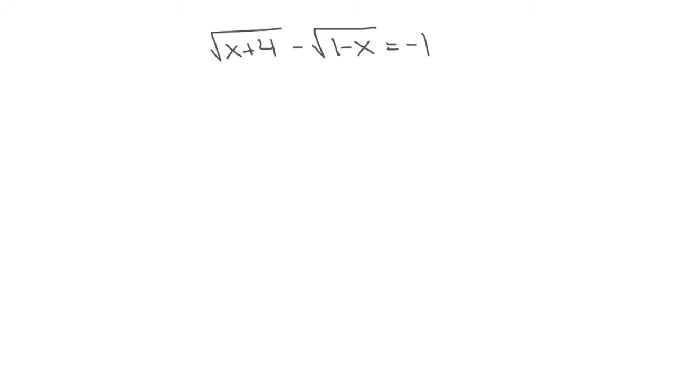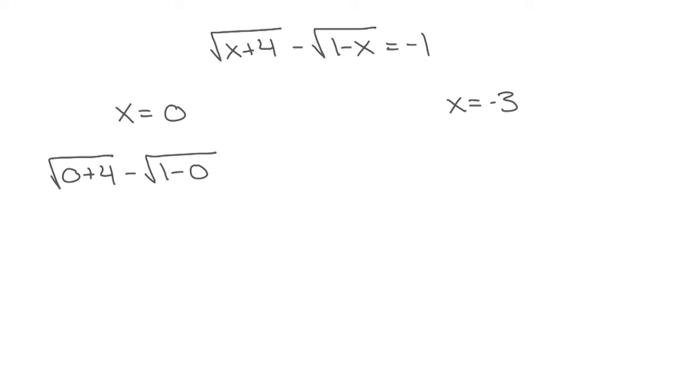Now we need to check each of these proposed solutions in the original equation. So we have x equals 0 and x equals -3. Checking x equals 0 in the original equation, we have the square root of 0 plus 4 minus the square root of 1 minus 0, and we're checking to see if that is equal to -1.